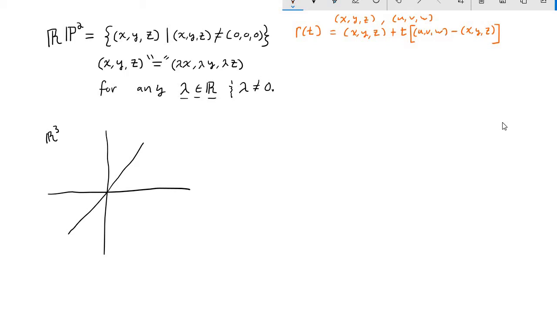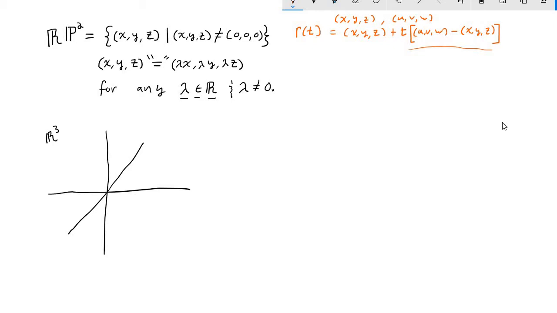What this means is that for different values of t, I'll get all the points that lie on the straight line which passes through x, y, z and u, v, w. For instance, if t was equal to 0, the second term would disappear and I would just get x, y, z.